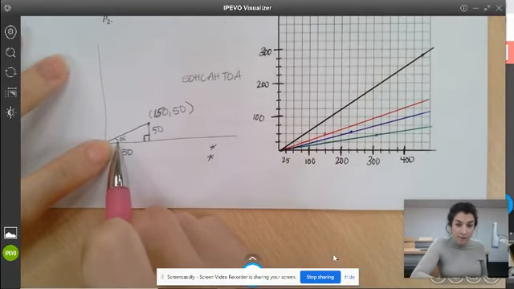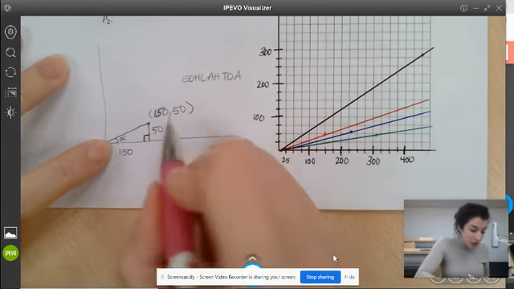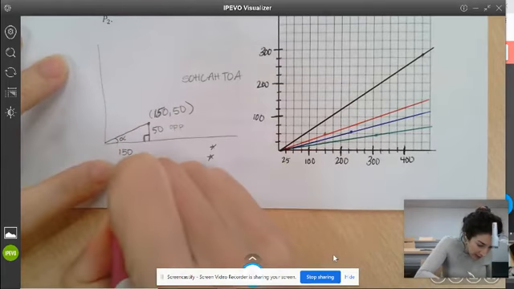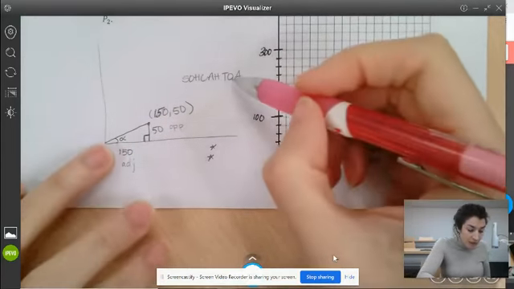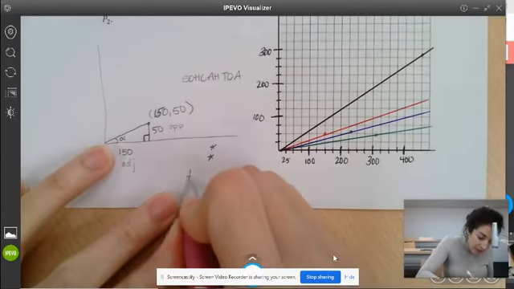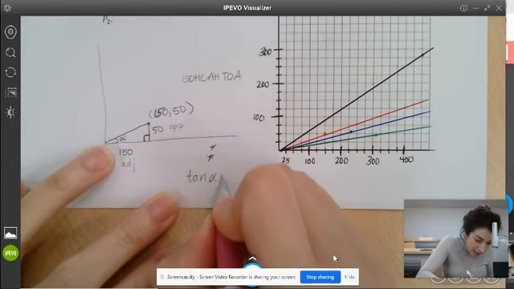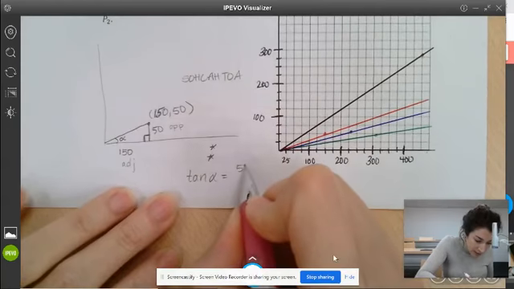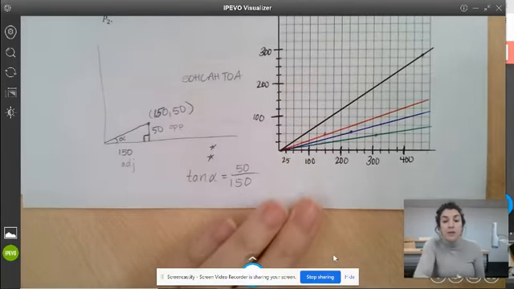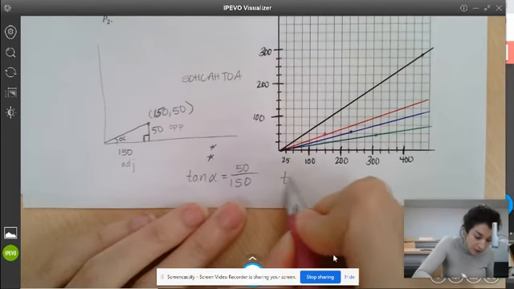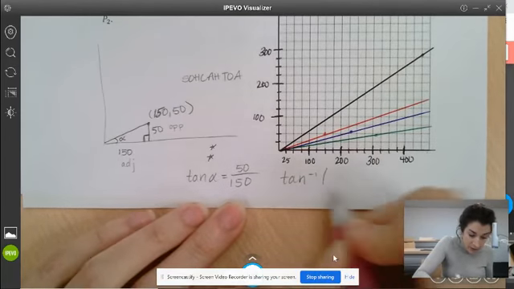50 is opposite of your alpha, and 150 is adjacent. This is your opposite, and this is your adjacent. So remember, opposite and adjacent means tangent. So setting this up, we have tangent of theta equals your opposite over adjacent. From here, you can either use your inverse trig values, so that's your tan to the -1.